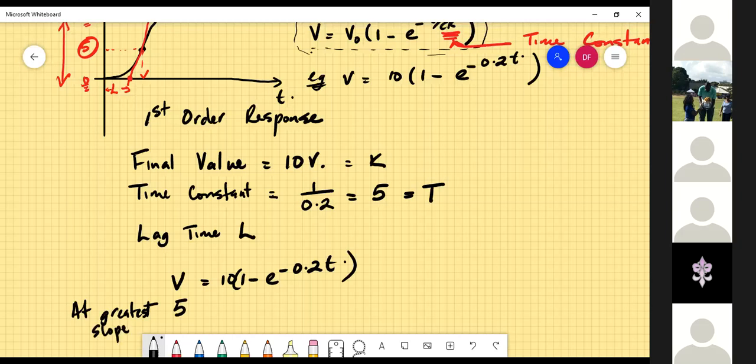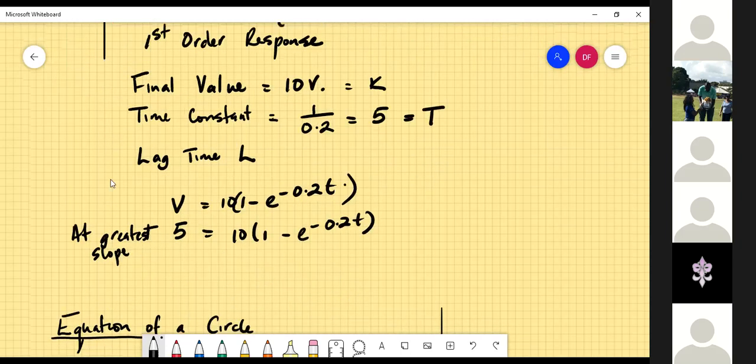So at greatest slope, 5 is equal to 10 times 1 minus e to the minus 0.2 t. Just transpose for t. So I'm going to transpose for t.